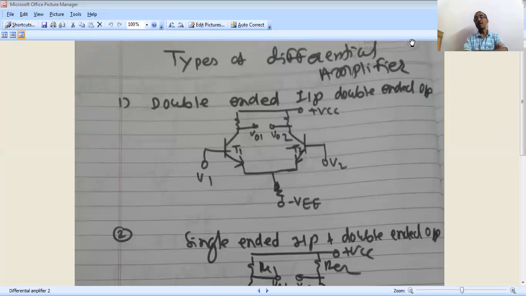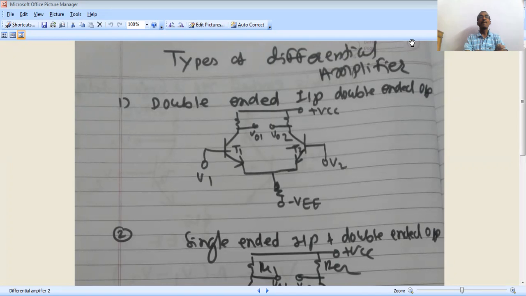Whenever you are drawing this figure, you have to keep in mind you have to apply V1, V2. We have to show V01, V02. We have to show plus VCC, minus VEE.